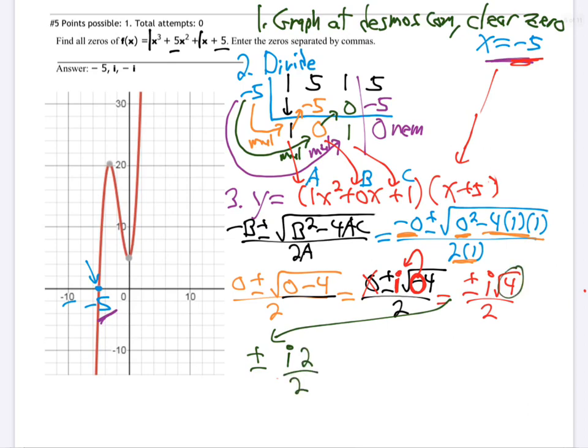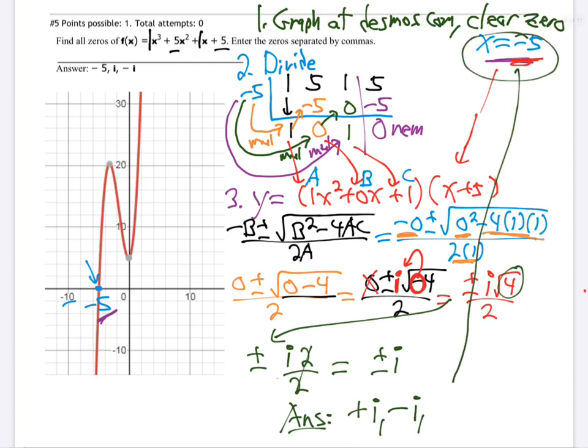When you root something, the root vanishes. And then these 2's cancel. So this is just plus or minus i. So our answers are plus i, minus i, and the one we found from the beginning, bring that down, -5. Those are our three answers, which matches the answers they gave us.